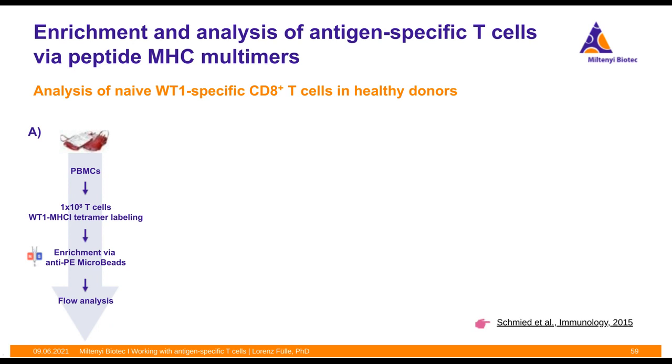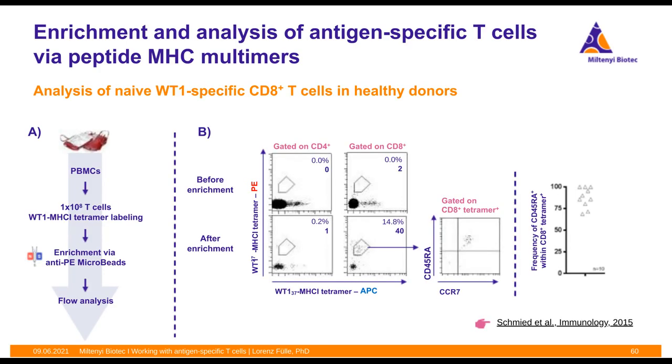So in this study, naive PBMCs were first stained with WT1 tetramers coupled to APC and PE, and then anti-PE microbeads were used to specifically enrich WT1 specific CD8 positive T cells before the analysis using flow cytometry. For the analysis, they employed two internal control mechanisms to control for non-specific background staining.